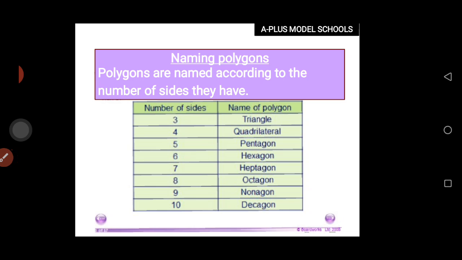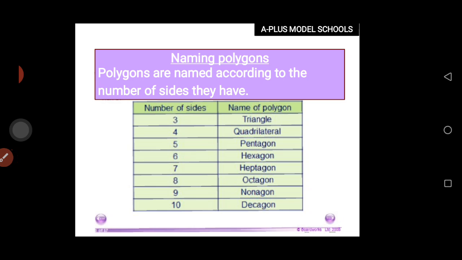Mind you, if any of these shapes does not have equal sides, it is not regarded as a regular polygon. It's an ordinary polygon. But when we are talking of a regular polygon, it is a plane shape or 2D shape that has all its sides equal in length. You can see all that I've been giving you is not a regular polygon.